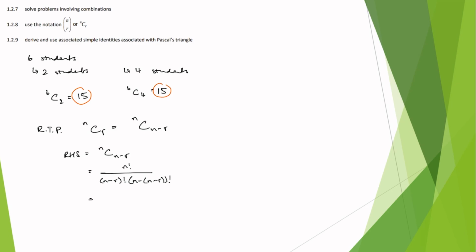If we simplify this, we get n factorial over n take r factorial, multiplied by r factorial, giving us, finally, n factorial over r factorial, n take r factorial, which in this case is equal to n choose r, the left-hand side.